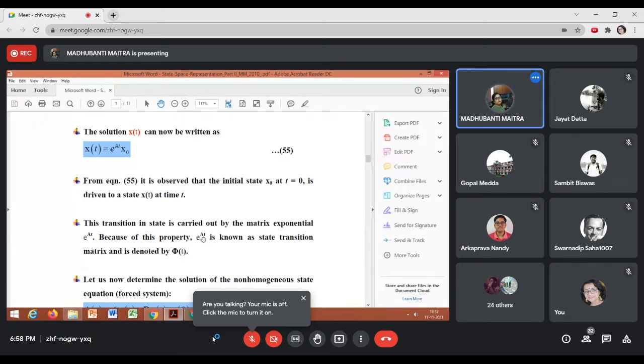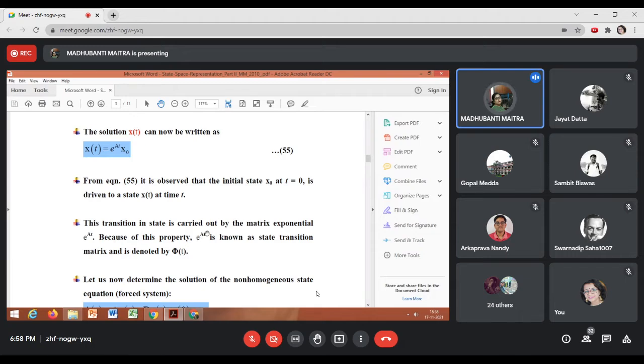For a generic nth order state model, this A will be an n by n matrix, and the matrix is the system matrix of the system, right?